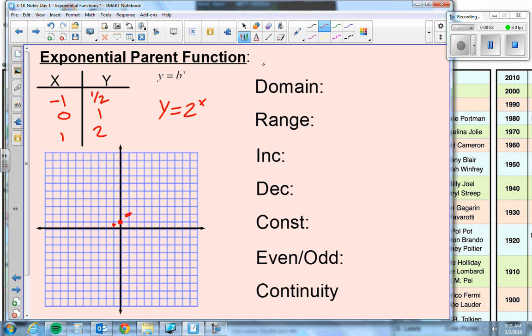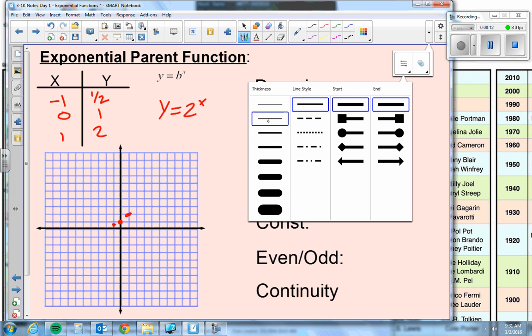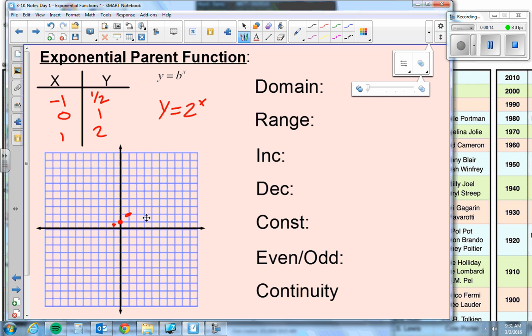Not a lot of room here. And then to the right, it just grows without bound. To the left, it's approaching 0. And really, it's going to be a y value of 1/2 and 1/4 and 1/8 and 1/16 and 1/32. So it does approach 0.